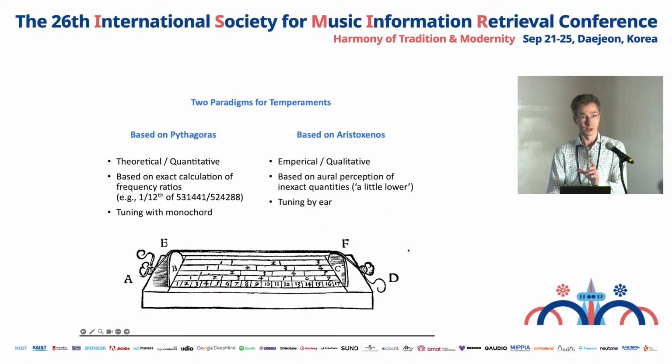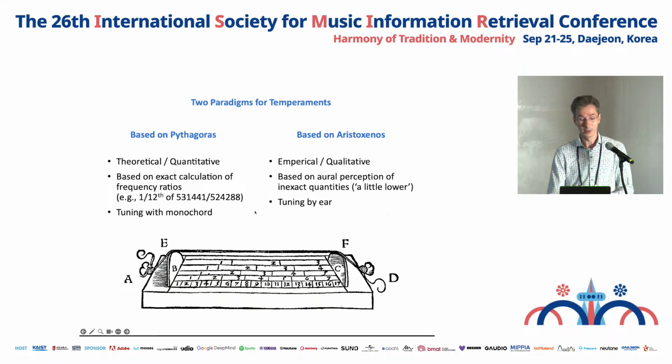Then the tone from the monochord is transferred to the instrument. But then you get calculations like this, which I'm not even going to pronounce, which are very hard to perform in practice, of course.